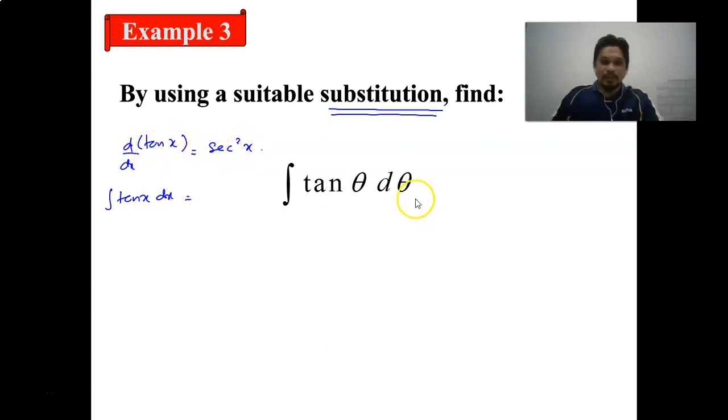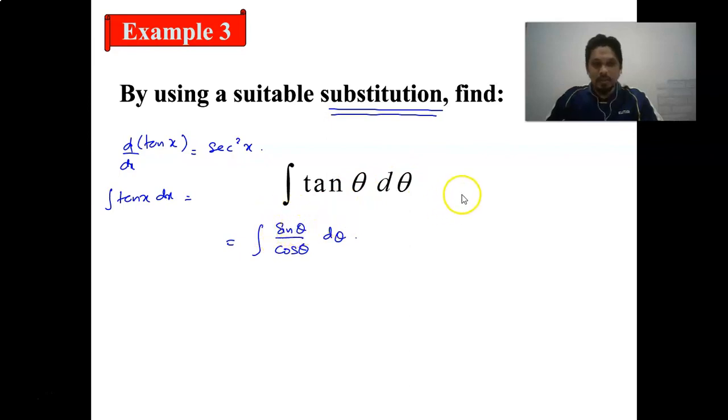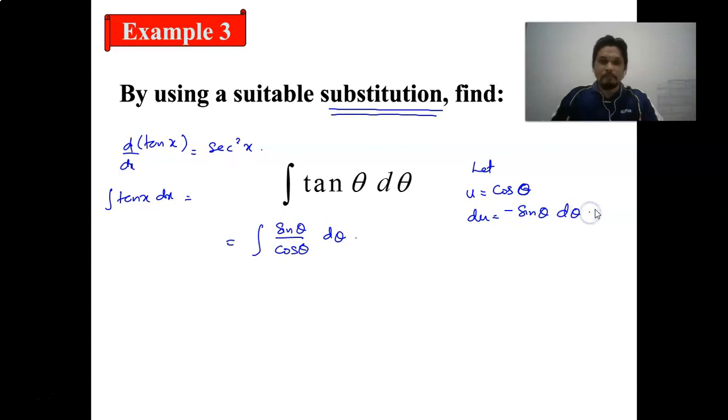So for this one, we need to change it into the form of the integral of sine theta over cos theta d theta. Take the numerator sine theta, and take the denominator, let u equal to cos theta, and du equal to the derivative of cos, which is negative sine theta d theta.